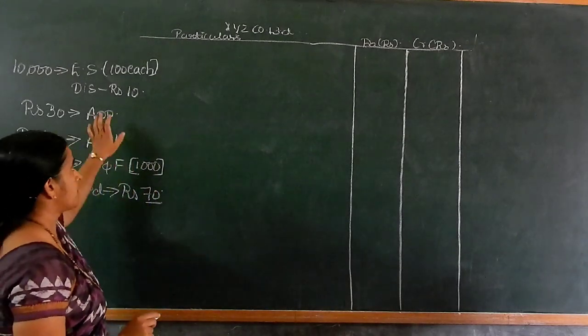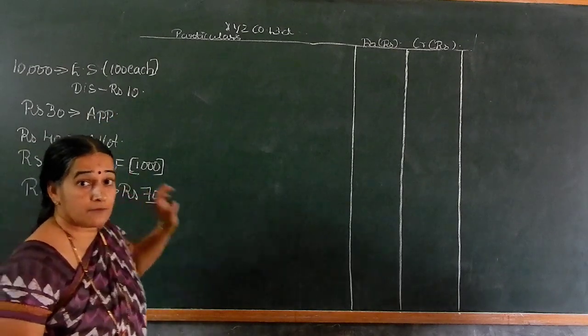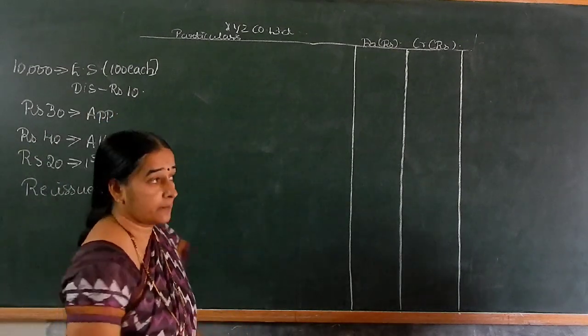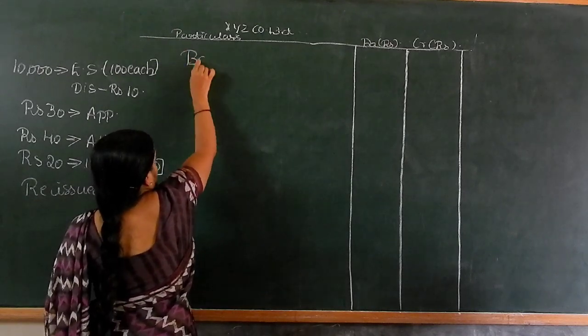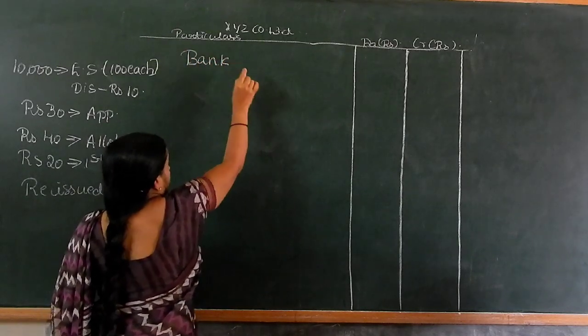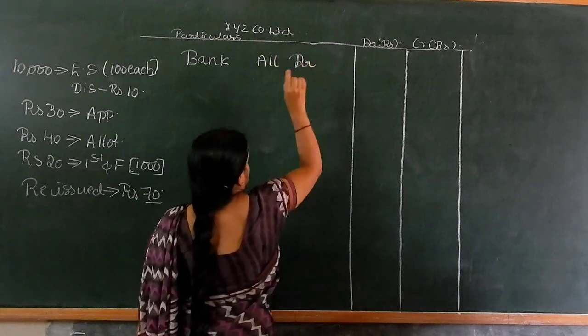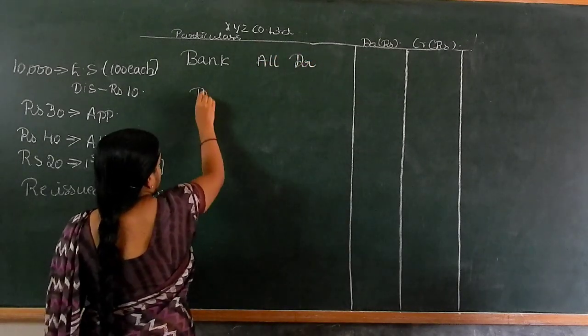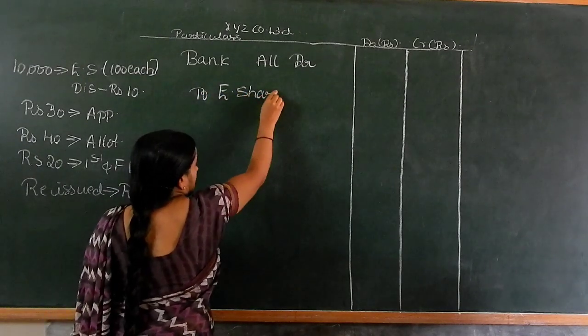Here, the first entry has to be passed for receiving the application money. On receiving the application money, the bank account will be debited. So bank account debit to equity share application account.